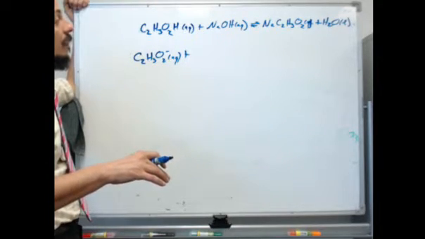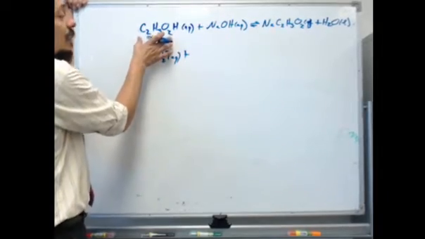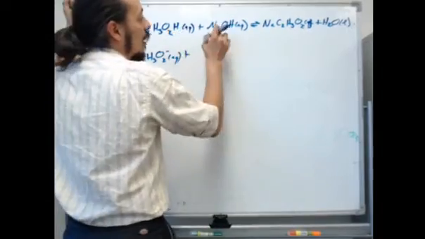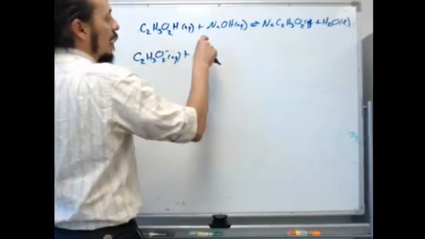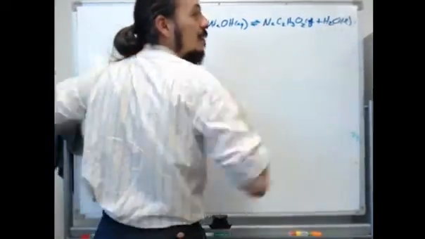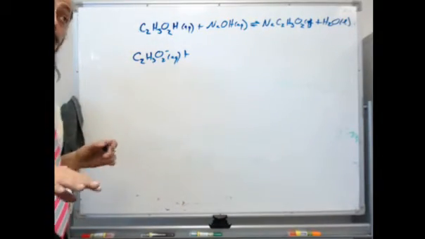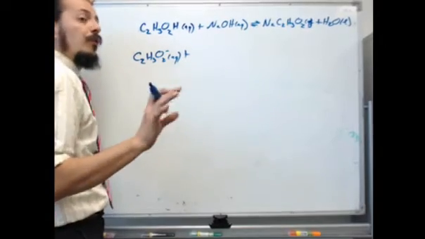I've got my C2H3O2, I've got my H, I've got my Na, I've got my OH, I've got my H2O. Actually, it is balanced. But always good to check, especially before we go to net ionic.